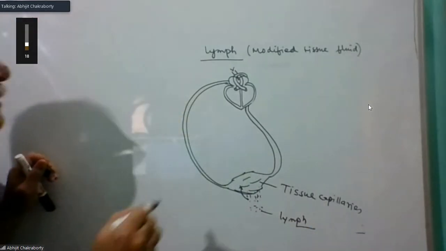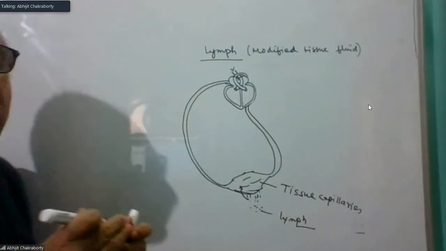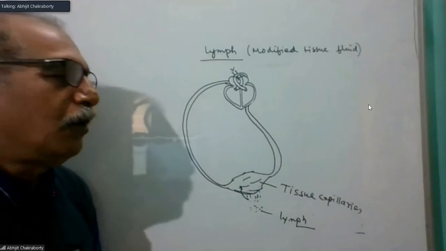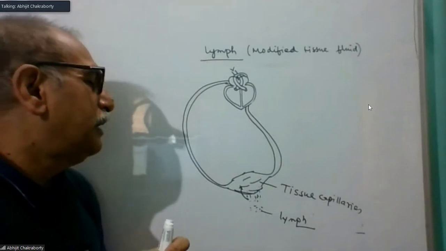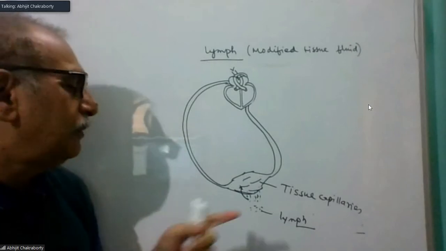I am repeating it again. While blood is flowing through the tissue capillaries, as the tissue capillaries have very thin walls, the plasma part oozes outside, although 90% of which will return to the blood again, but the rest 10% gets modified to form lymph.